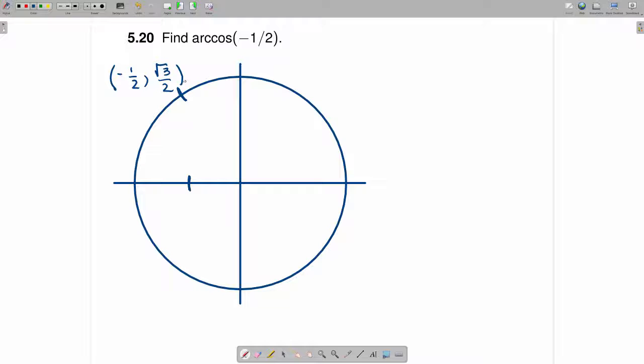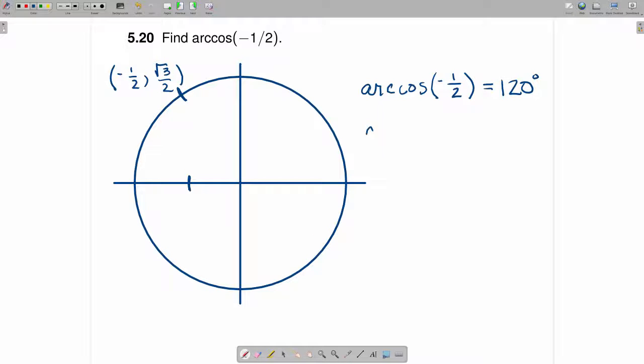All we have to do is figure out the angle at this point, and the arccosine of negative 1/2, if you're expressing that angle in degrees, is 90 plus 30, which is 120 degrees.